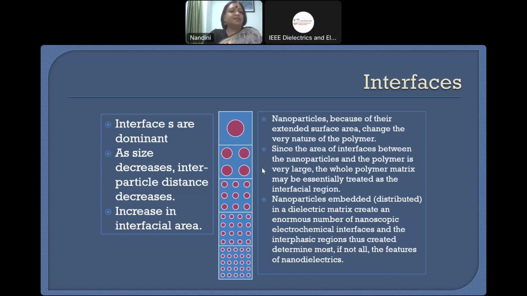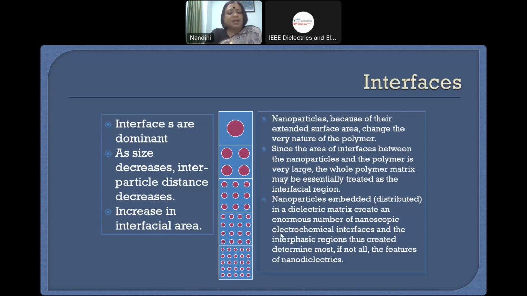So the idea is this, that if by incorporating a very small percentage, you can affect a large change, it cannot be due to the property of the filler as a whole. It must be something else, and it is understood that the property change happens because of the large increase in interfacial area with decrease in size of the particle and decrease in the interparticle distances.